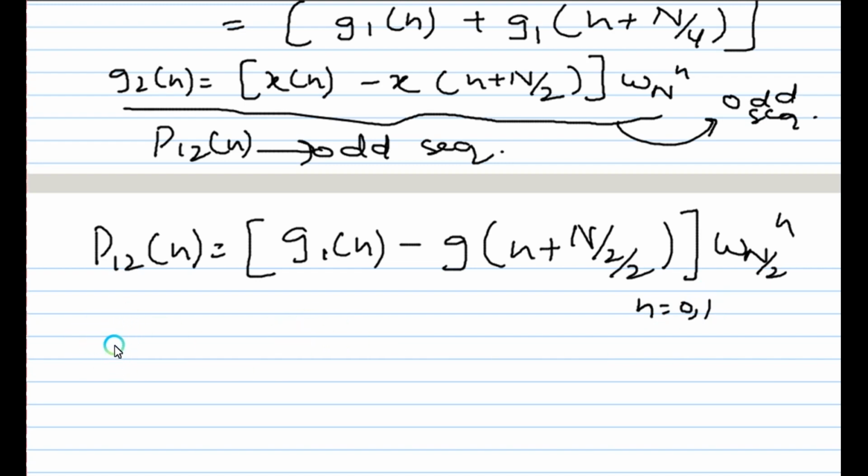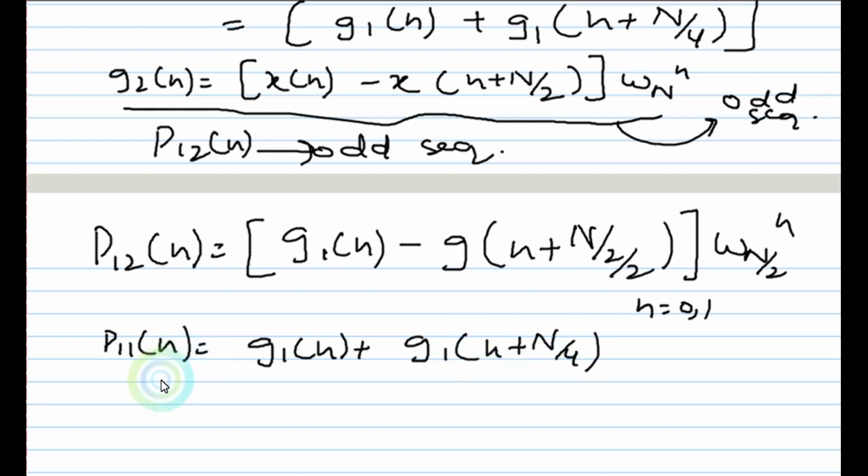So let me substitute now. In case of p11 of n, we had g1 of n plus g1 of n plus N by 4. Let me substitute n equal to 0 and 1.